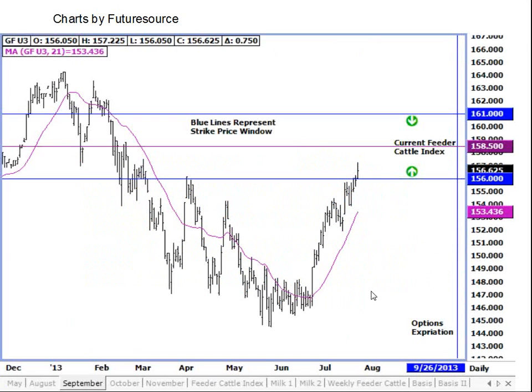So what has happened is that we know that right now we're at 145.83 on the feeder cattle index. The feeder cattle index has moved up significantly from here, therefore potentially increasing the probability that your cash market, wherever you are in your locale, has risen a similar amount.